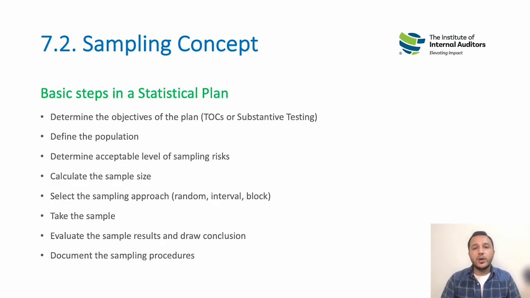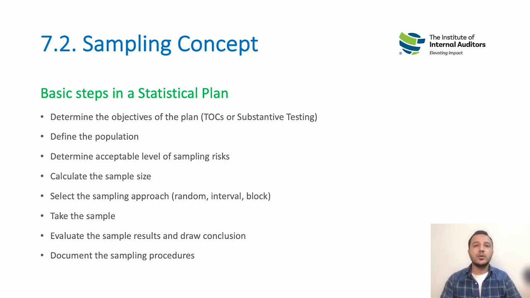This is how we carry out our statistical sampling, where we first determine the key objectives. Are we intending to assess the control design within a process, which we call test of controls, in which we look at overall how the controls are defined or designed? For example, if there is a lock for a locker, the lock in itself is a test of control: they have a lock, and that lock opens with a key or a code.